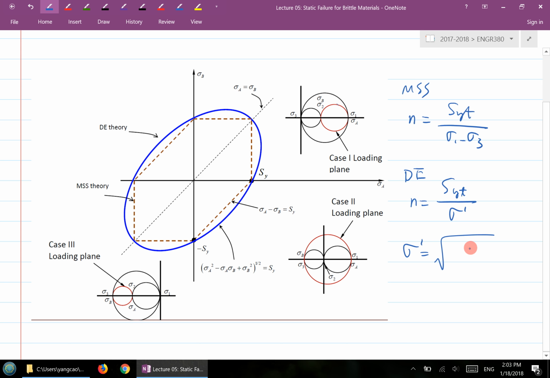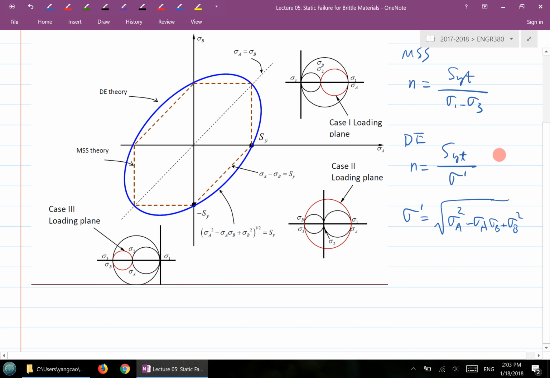You can calculate it using the two principal normal stresses, or you can calculate it using the state of stress from the stress element.